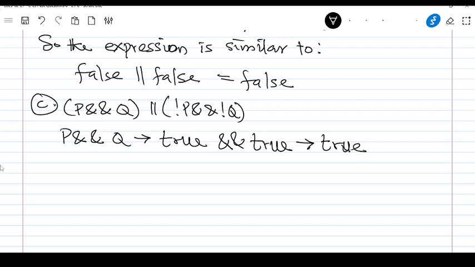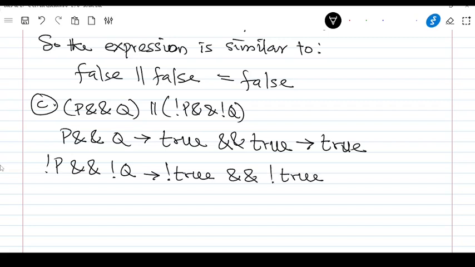Okay, so let's go for the second parenthesis. In the second parenthesis, we have not P and not Q. So first of all we evaluate the not. So not P is equal to not true, and not Q is not true.